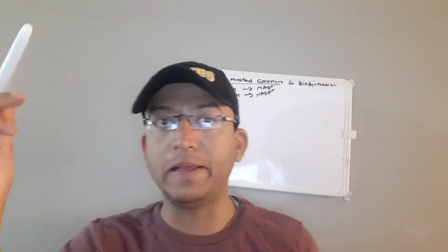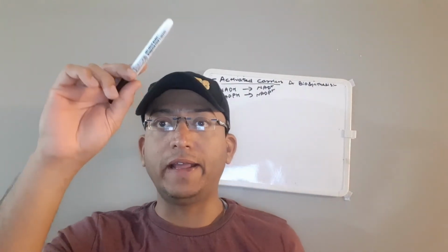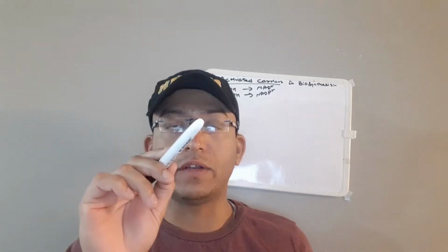It is an oxidation of a molecule, and there is an NADP plus that goes through that reaction and forms NADPH, because it is receiving the hydride ion, which means hydrogen, to form NADPH.